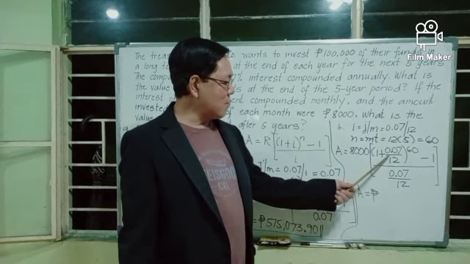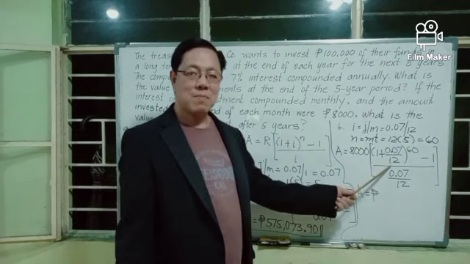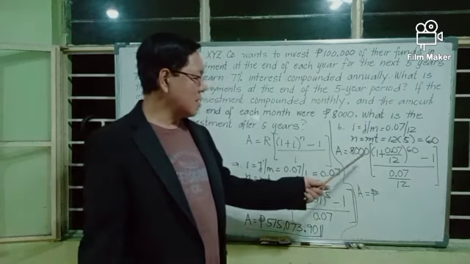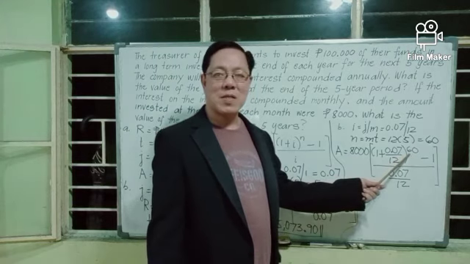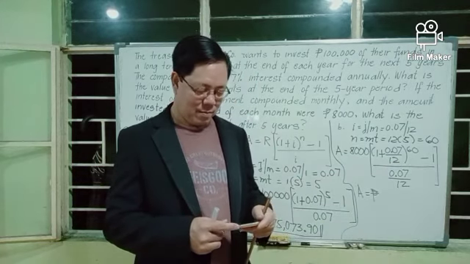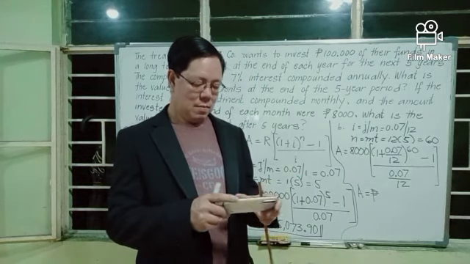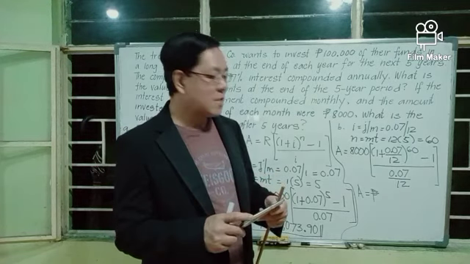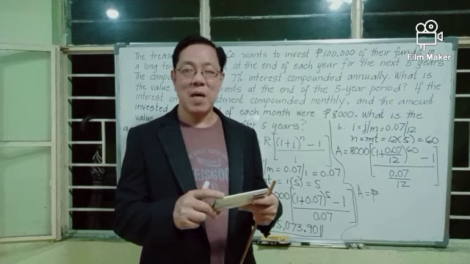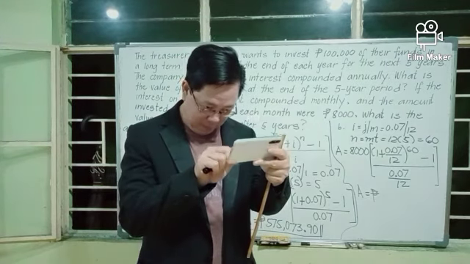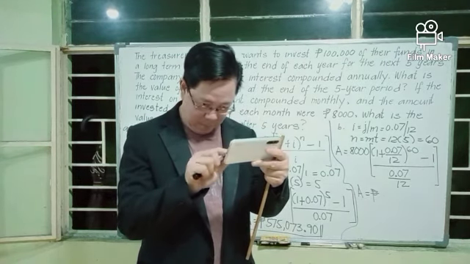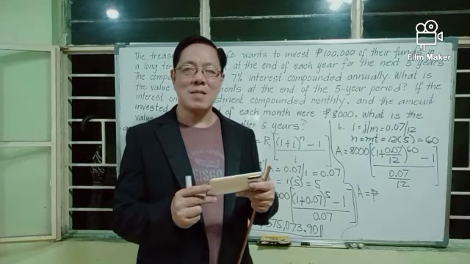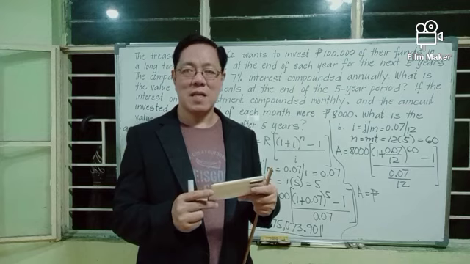You actually start with 0.07 divided by 12 in your calculator, then you add 1, you press equal, and the answer raised to the power 60. Again, start with 0.07 divided by 12. And you should get 0.0058 and repeated 3.